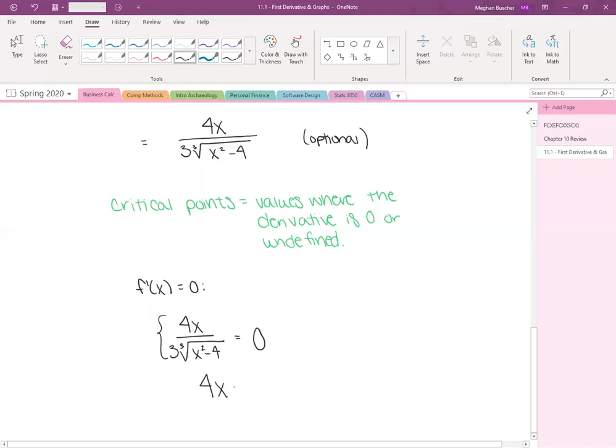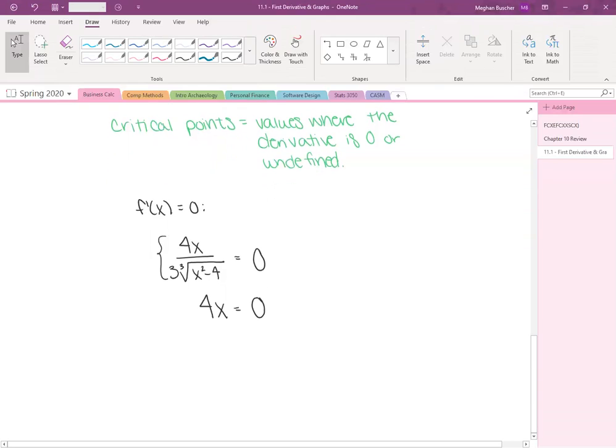Exactly. And when we multiply 0 times anything, it's still 0. So anytime we have a function with a numerator and denominator, and we're setting that whole thing equal to 0, we can just skip a step and set the numerator equal to 0. It's the exact same thing. Now where is 4x equals 0? For what values of x is that true? Just 0. Exactly, x equals 0.